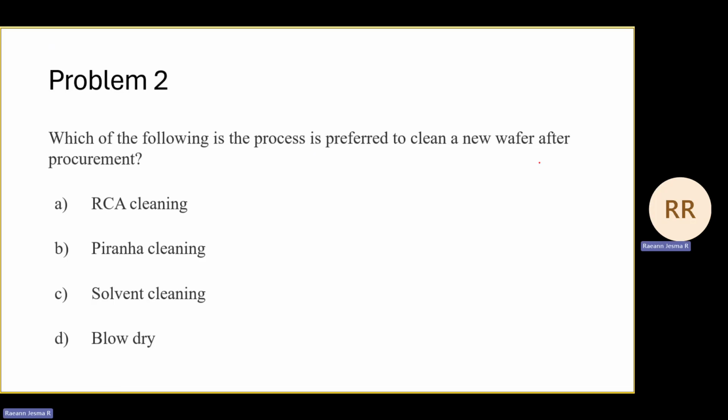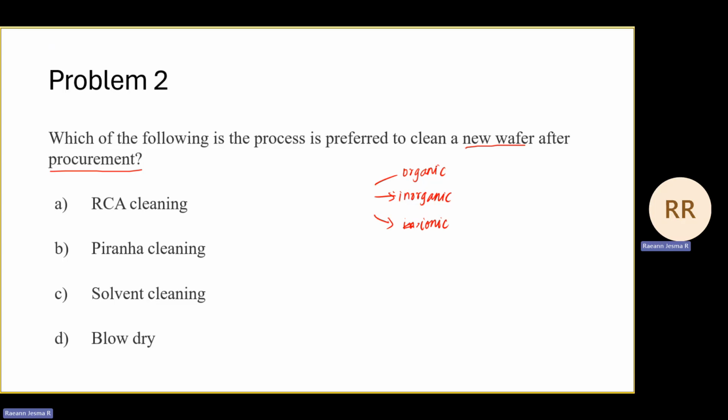So first, before we see what a cleaning process is and what the options indicate, there are three main contaminants in a wafer that we generally want to avoid. One is organic contaminants, inorganic contaminants, and the third one is metallic or ionic contaminants.